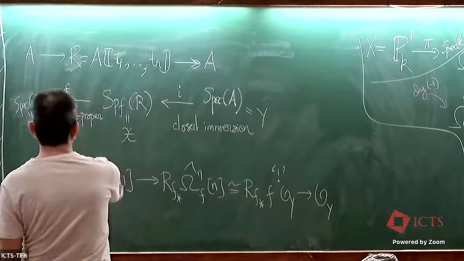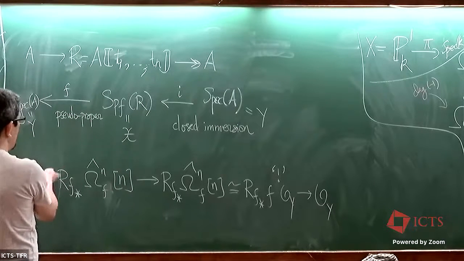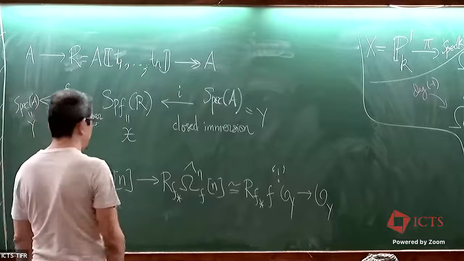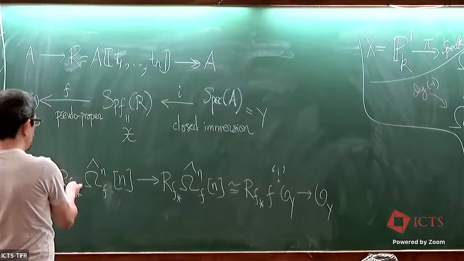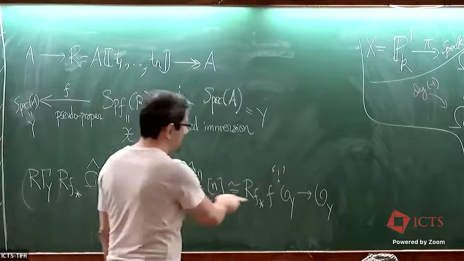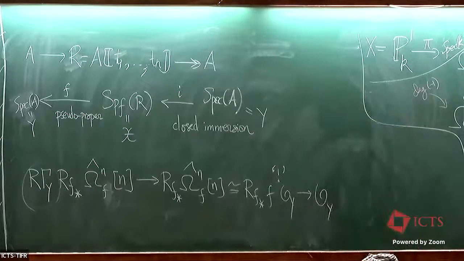So this is your nth local cohomology module, because R gamma supports the nth local cohomology of this module. And this is an affine map, so you can drop the R and just think of it as lower star, which is just giving you the global sections. And we are saying that we have a map to A. This OY is actually just A tilde.